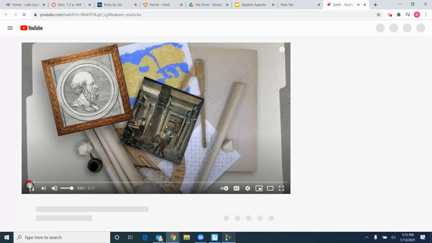He's a great librarian and mathematician. Do the refresh. All right, let's see here.